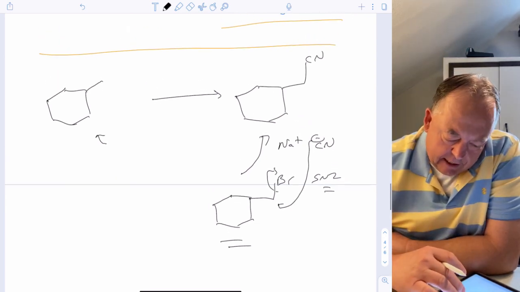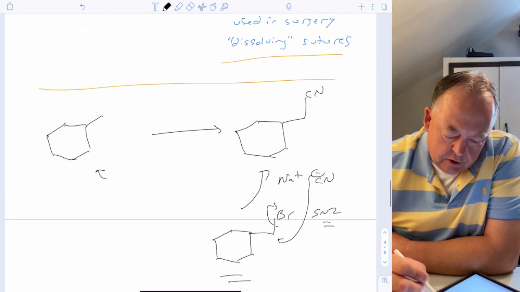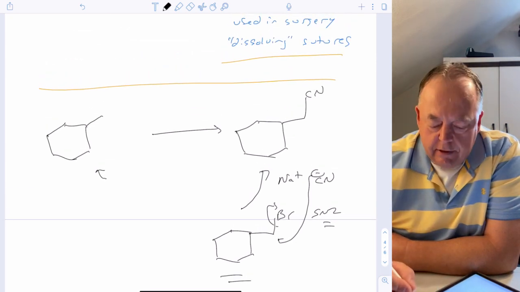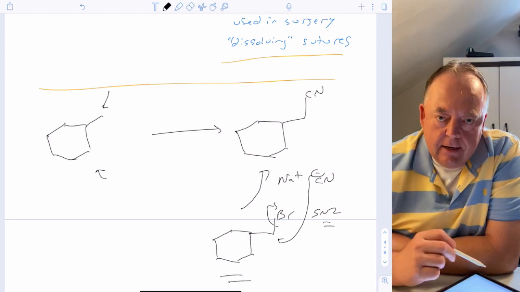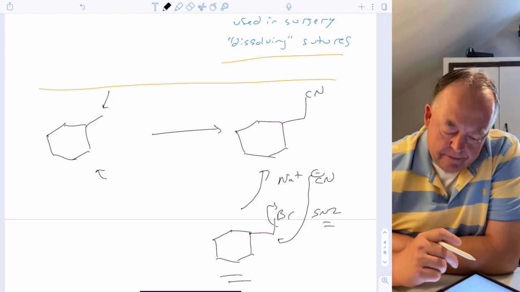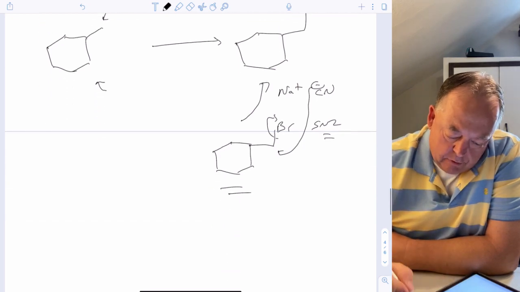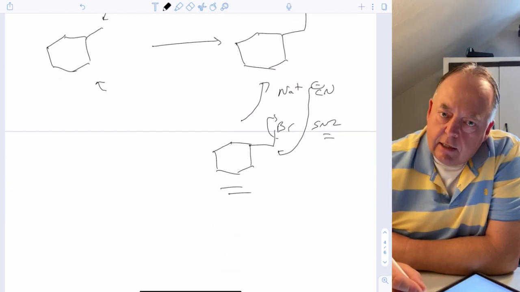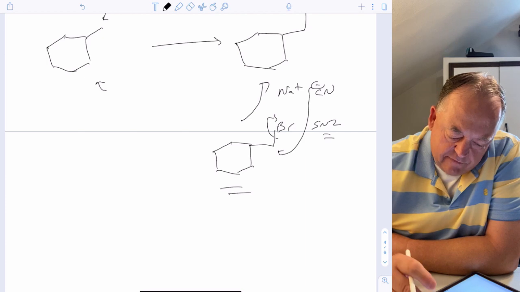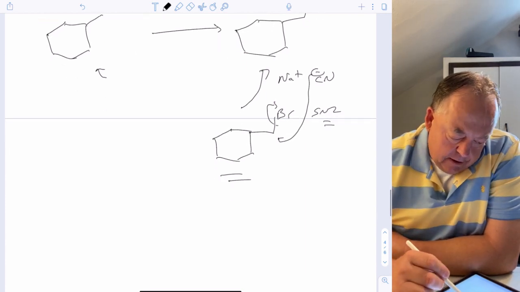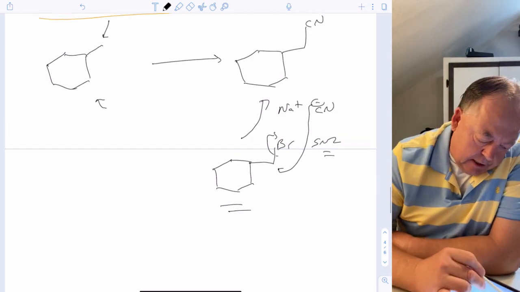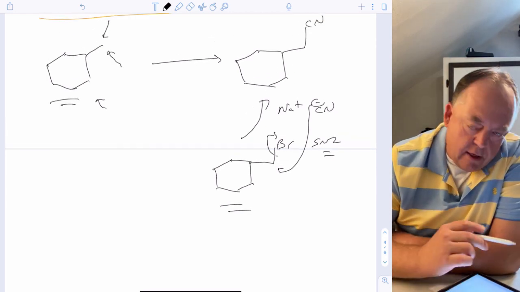Okay, so you always have to ask yourself, can you go from the starting material to the product in one step? And the answer is no. We have not looked at any reaction that would put a CN on a CH3, right? We have looked at a reaction that would put a CN on a carbon that's got a leaving group on it. So if there was a leaving group there, we could have put the CN on that group. Okay, have we seen any reaction that would take the starting material and put a bromine there?